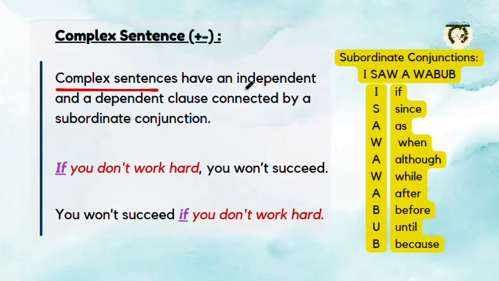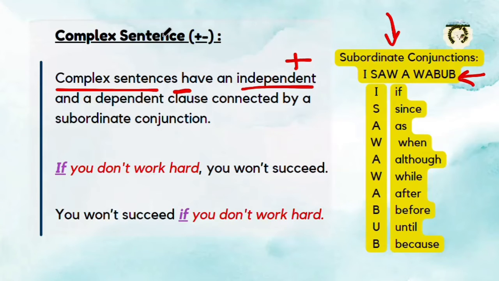Complex sentences have an independent clause, plus sign, and a dependent clause, a minus sign for this, connected by a subordinate conjunction. Subordinate conjunctions are written here. Some of them, there are others as well, but these are the most used in the primary classes at least, right? So you can just remember them with this mnemonic. I saw a verb. I for if, S for since, as, when, although, while, after, before, until, because. These are the common subordinate conjunctions.